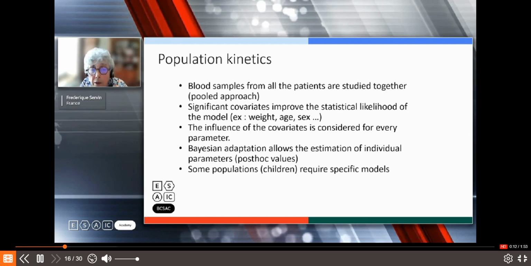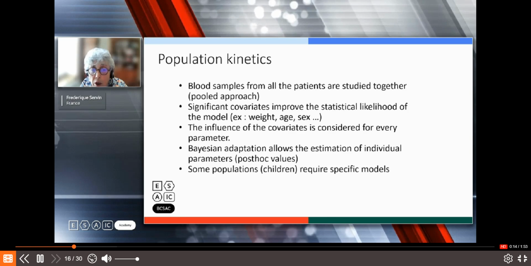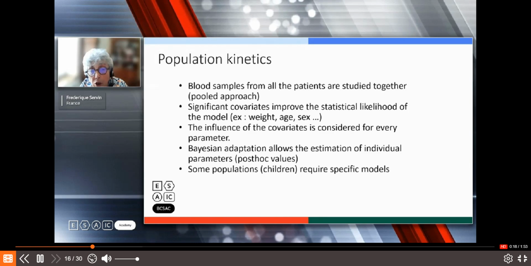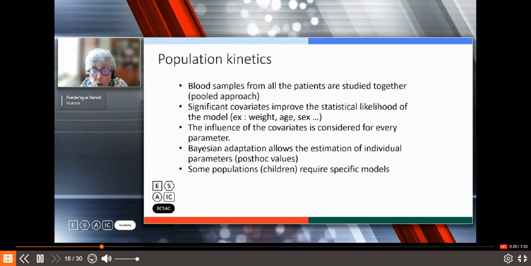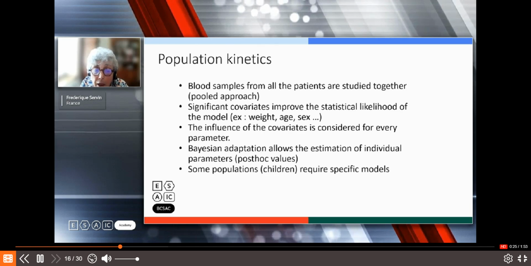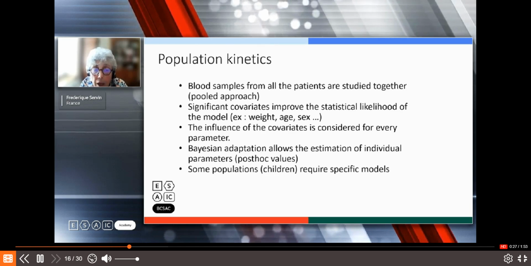This is what is called the pooled approach. Then you will build a curve that goes through all those points with the least distance between every point and the curve.